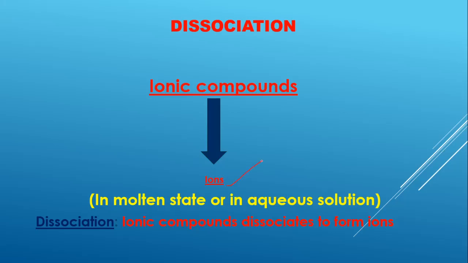But they form ions in a molten state or in an aqueous state, that means when the compound is soluble in the solvent, say water, then it forms ions. So dissociation is nothing but ionic compounds dissociating to form ions.